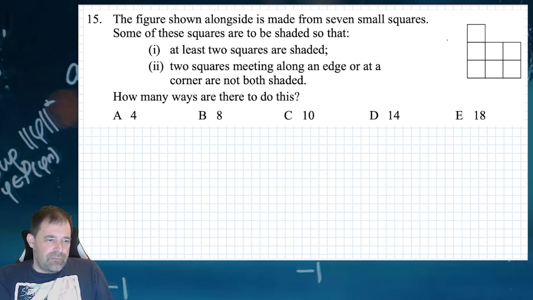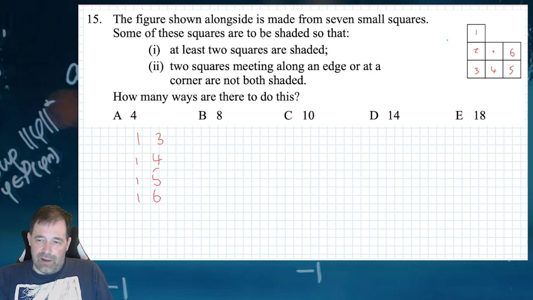Alright, so I'm going to number them, and this is bad. I'm not going to number this one because we can't shade that one. So I've got 1, 2, 3, 4, 5, 6. We have to do at least 2. So we could have 1 and 3, 1 and 4, 1 and 5, 1 and 6.